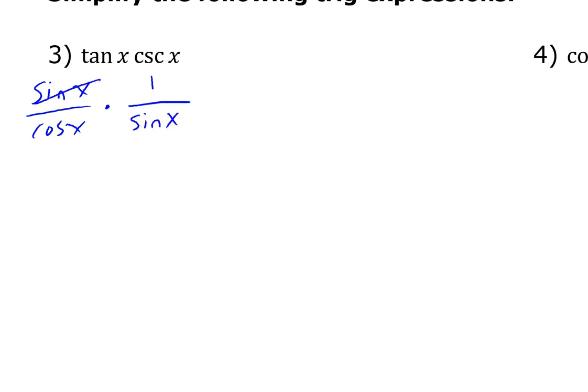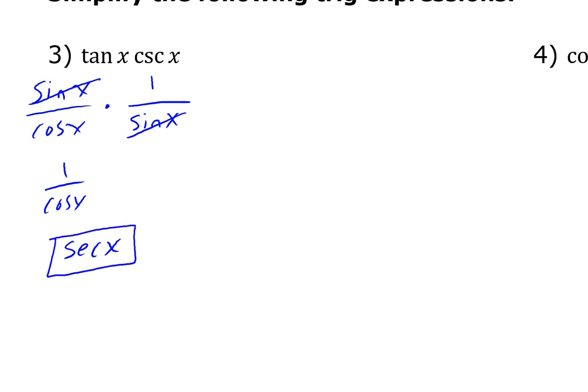Now I notice that I have a sine in the numerator and denominator, so those can cancel out. That leaves me with 1 over cosine x, which is secant x. Never leave it as a fraction if you can just write it as a non-fraction.